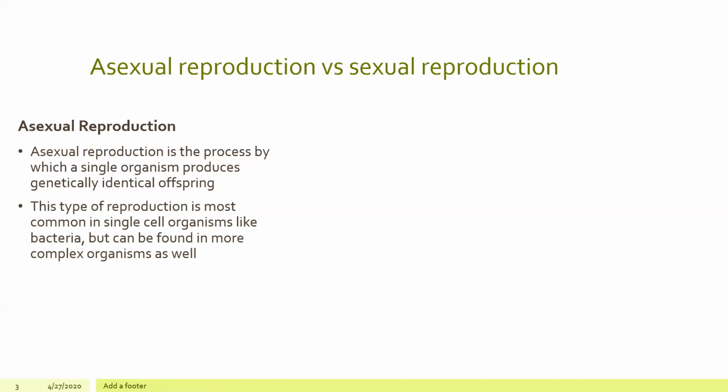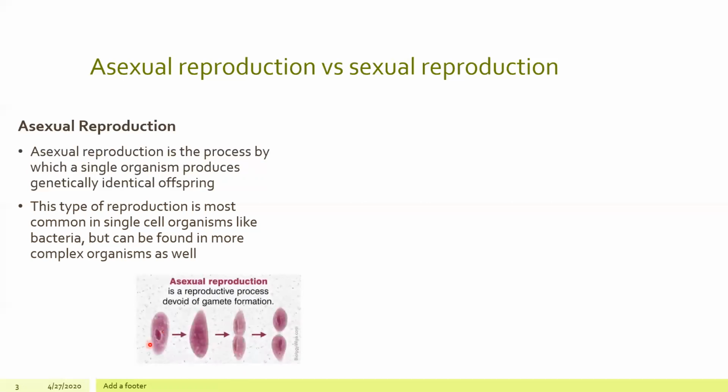And we're going to learn that as we get into plant reproduction, because there are some plants that asexually reproduce. It starts with one, it's got that little nucleus in there. All of the DNA kind of starts to separate out, and then it just splits. And this is called binary fission.